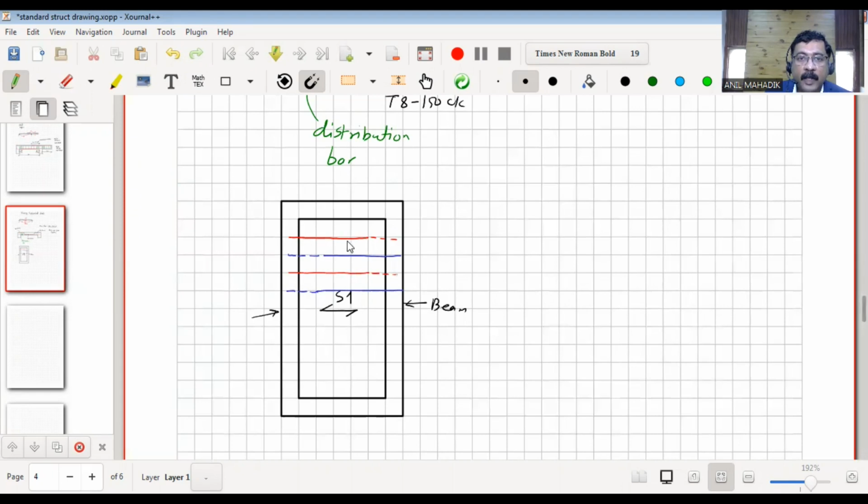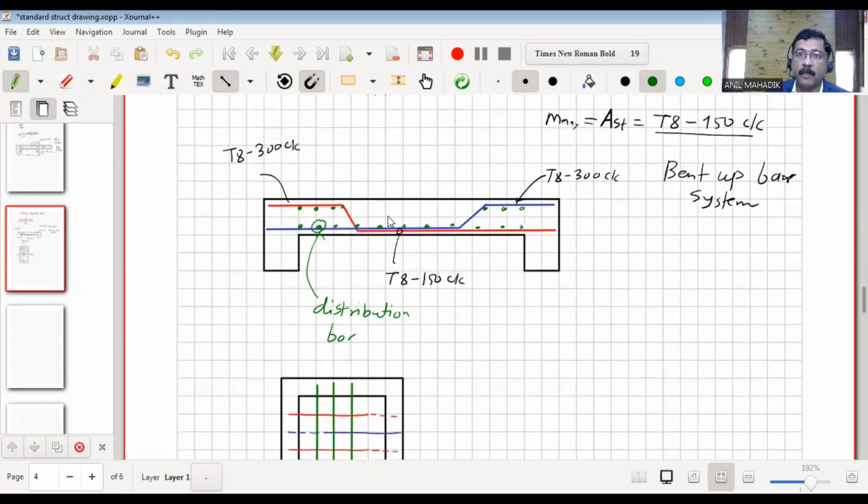So this will be 8 at 300. This will be 8 at 300. So total will be 8 at 150 at the center. And we will have distribution bars like this. So that will be minimum steel. This is your distribution bars. Please look at this. This is coming from the outer face of the beams like this. So this is one-way slab, and we are showing this one-way slab detail.